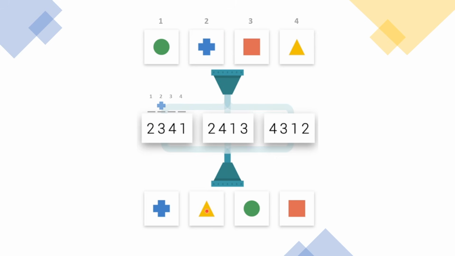The triangle is referenced by the second number, which is telling us it should be in position number 3, which is this one. Then the circle, we look at the third number, which is 4, so it's telling us that the circle should be in position 4. And then finally the square, it's telling us that the square should be in position number 1, and so this is our sequence of shapes. And this is all you need to do to work backwards.